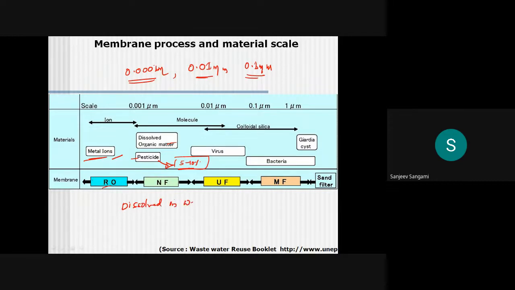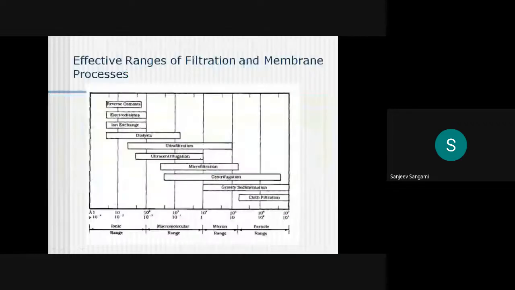Some of the pesticides which are dissolved in water can be removed in this stage. Then viruses are removed in ultrafiltration, and bacteria are removed in microfiltration. But here it says that pesticides are removed at this point, but it is up to 5 to 10%.